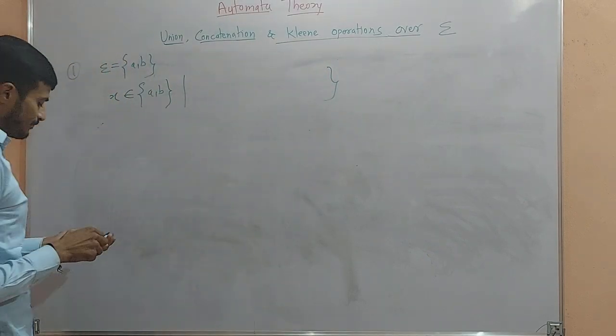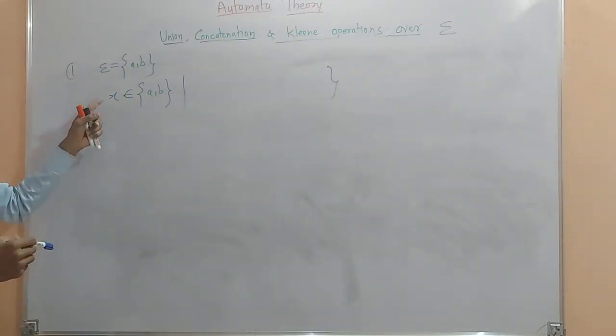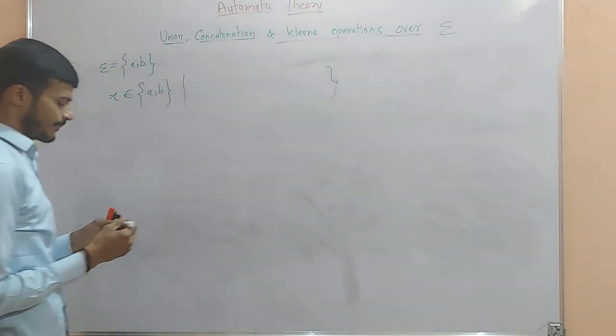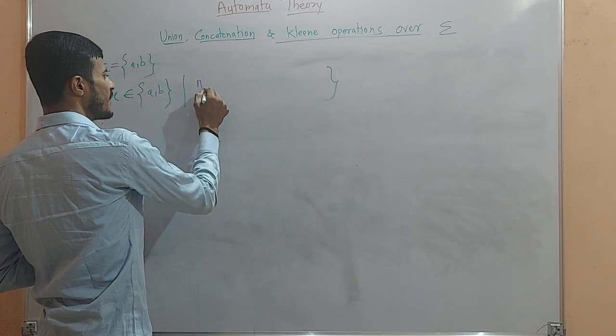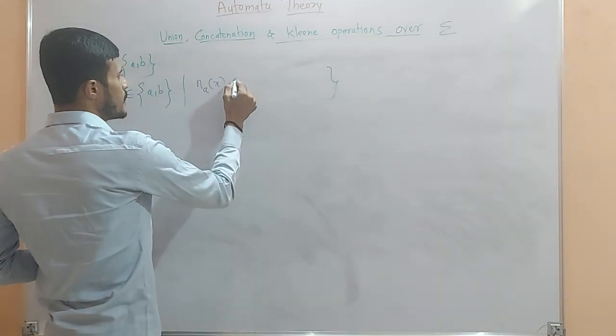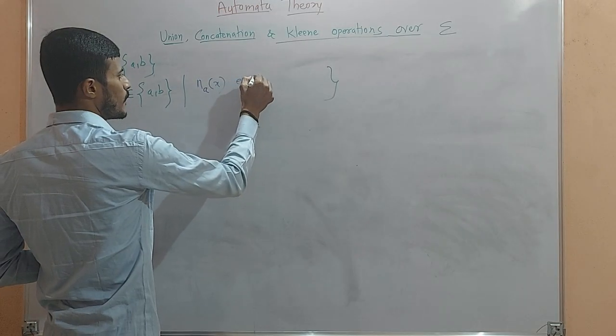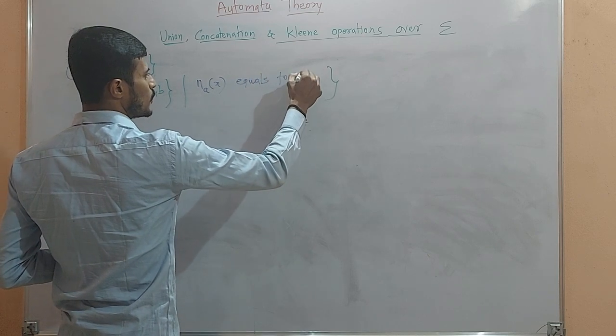You are given here summation is equal to {A, B}, X belongs to {A, B}*, number of A's in X equals 2.